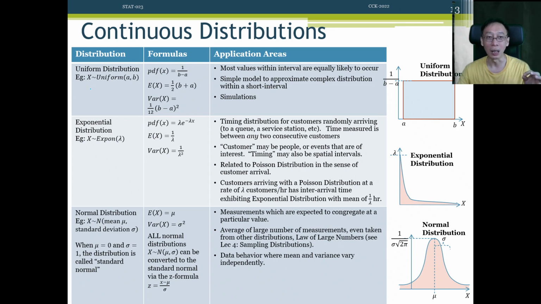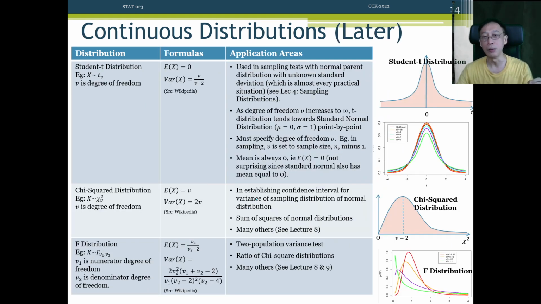So just a quick glance, we'll see uniform distribution, exponential distribution, normal distribution, and a few related distributions that we'll also discuss more in later lessons: the Student t distribution, chi-square distribution, and the F distribution.